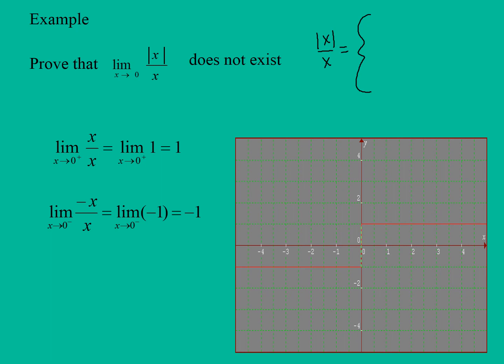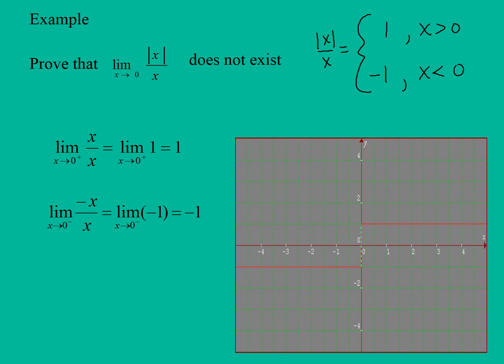Now notice, this would equal 1 when x is greater than 0, and this would equal -1 when x is less than 0.